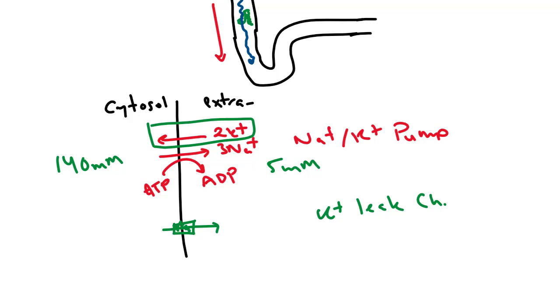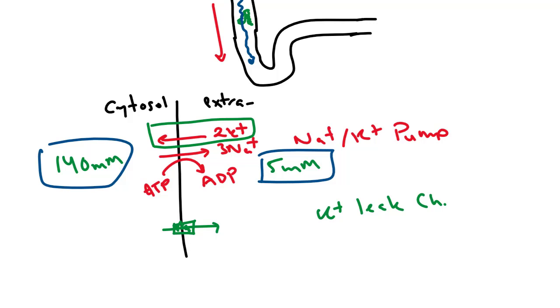So the steady state is established because you have one system bringing in potassium and another system allowing it to leak out at a certain rate. And that leads to a steady state where these intracellular and extracellular concentrations are not going to change. And that's the definition of a steady state.